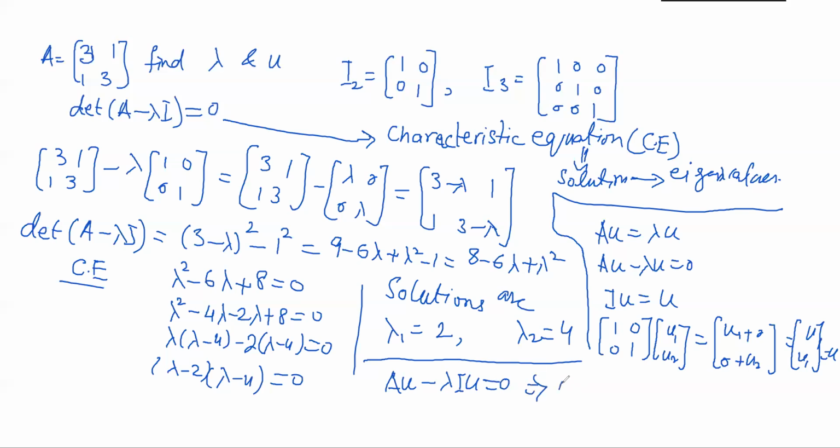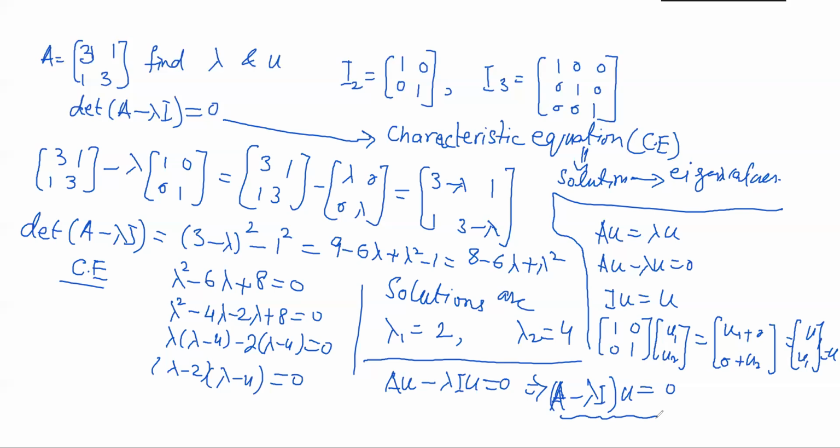Or we can write it as (A minus lambda I) times U. Because A is a 2 by 2 matrix, lambda I will be a 2 by 2 matrix as well. So this is now a system of equations, which we can solve by the Gauss elimination method.